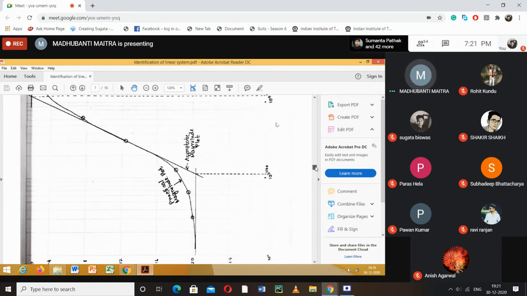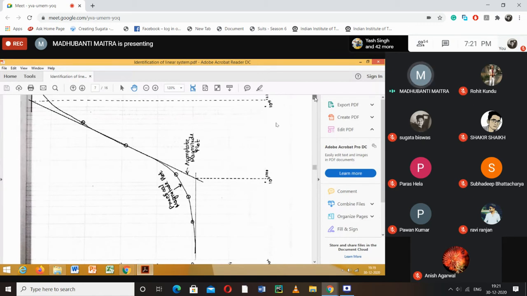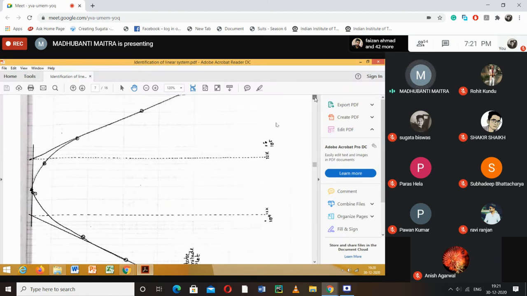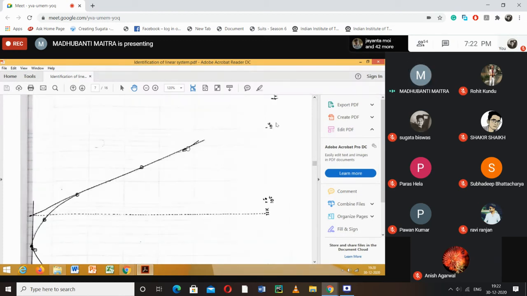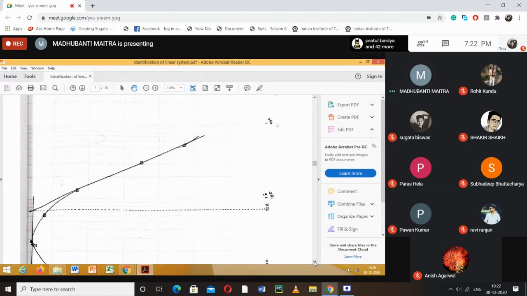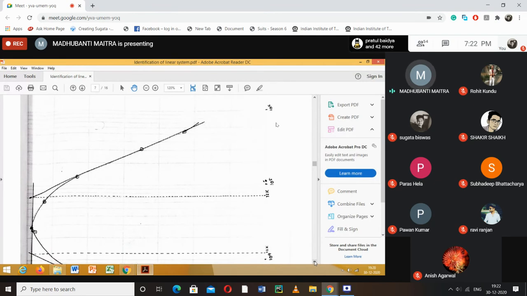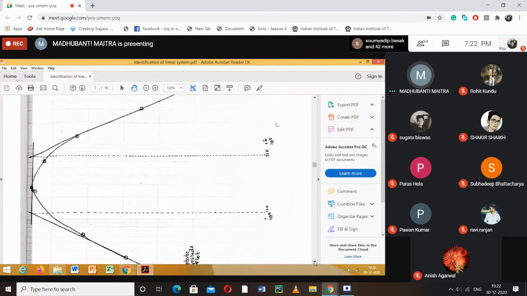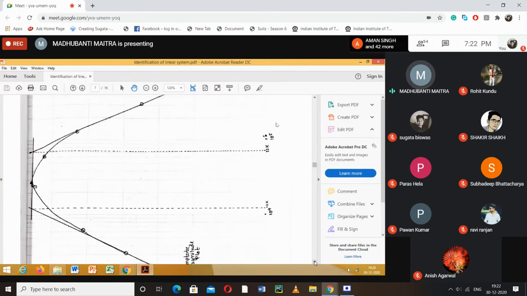This is the actual gain versus frequency plot. So what we'll have to do for determining the transfer function of the system is identify the poles and zeros of the system, isn't it?